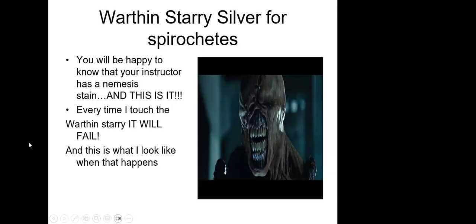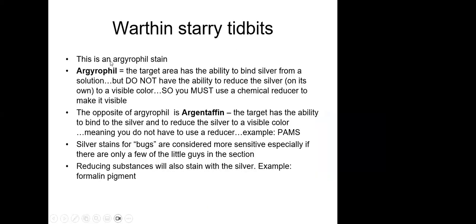There's my downfall. So the Warthin-Starry is what's called an argyrophilic stain. The opposite of argyrophilic is argentaffin. You are going to start running into this all the time, so you need to know the difference between argyrophilic and argentaffin.